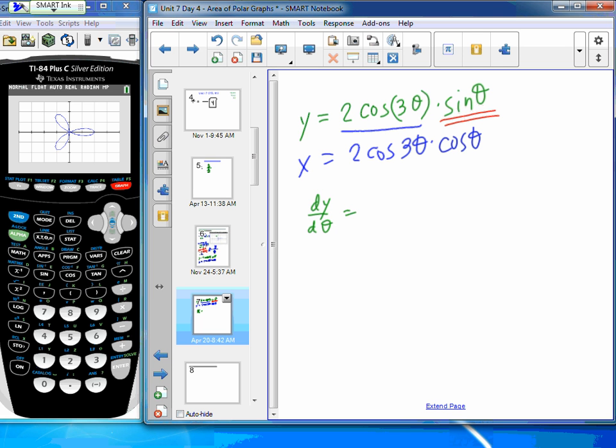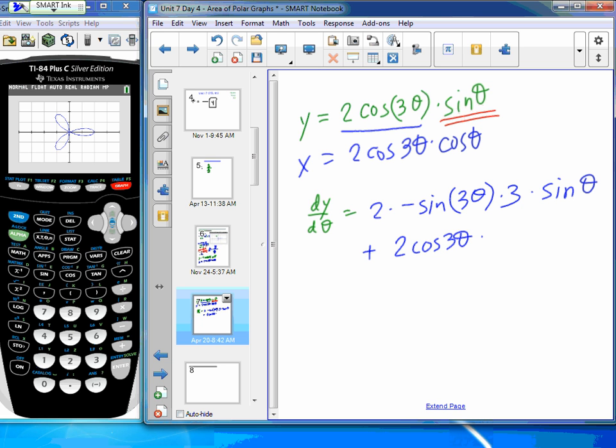So dy d theta is given by the derivative of the first. This is going to go to 2 times cosine differentiates to opposite of sine of input times the derivative of the input. There's the derivative of the first, times the second, which straight up is sine theta, plus the first, 2 cosine 3 theta, times the derivative of the second.